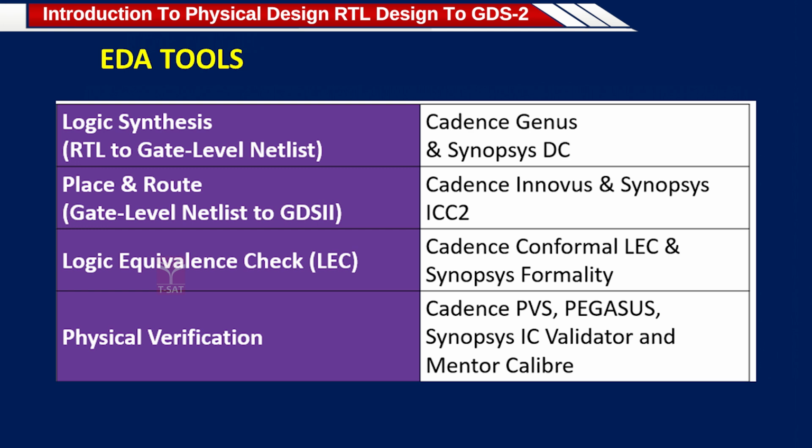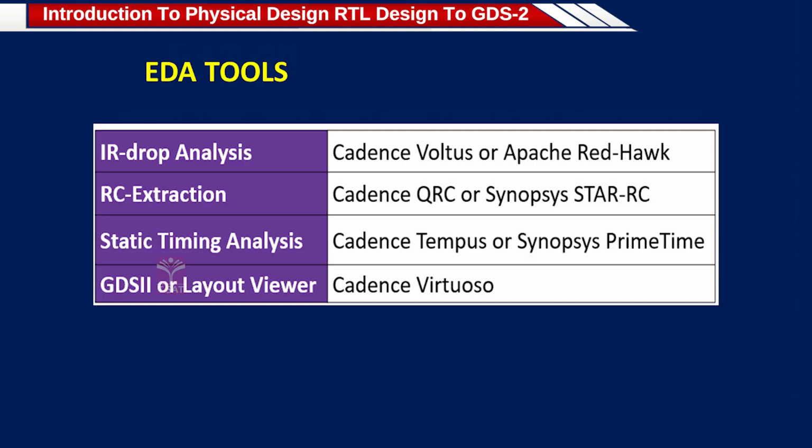And physical verification, DRC and LVS: Cadence PVS, Physical Verification System, or Pegasus. In Synopsys, we have IC Validator, and Mentor, I think now it is Siemens, Calibre tool for DRC, LVS, physical verification. For IR drop analysis, Cadence Voltus, and one more famous tool from Apache is RedHawk, the Apache RedHawk tool.